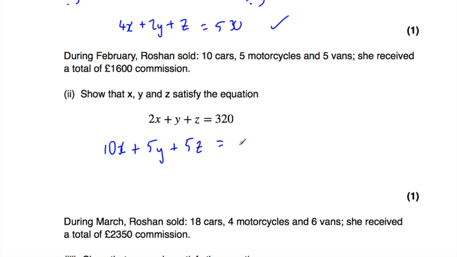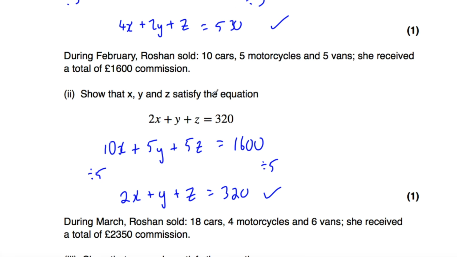And we know that total commission was equal to £1,600. Now everything there is divisible by 5, so if we divide everything by 5 on the left hand side and on the right hand side, we're going to get 10x divided by 5 is 2x, 5y divided by 5 is y, and 5z divided by 5 is z, and that's equal to 320.